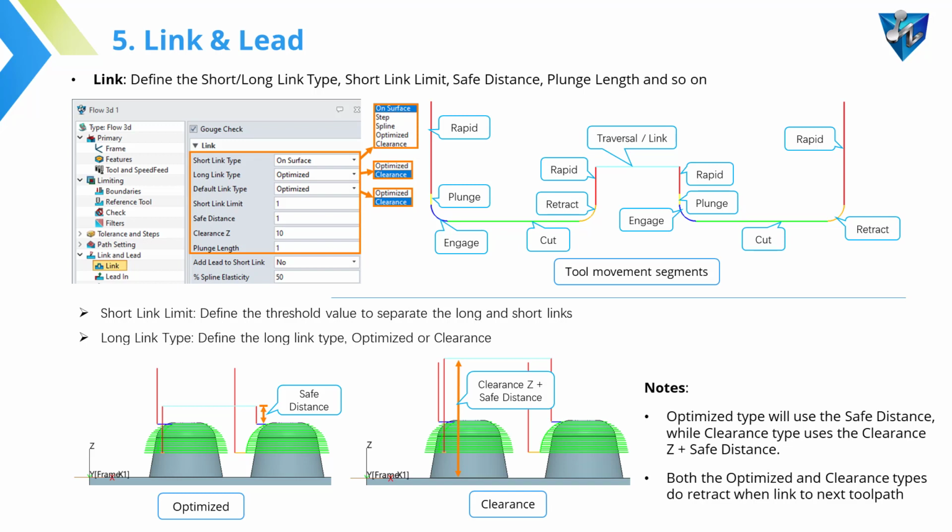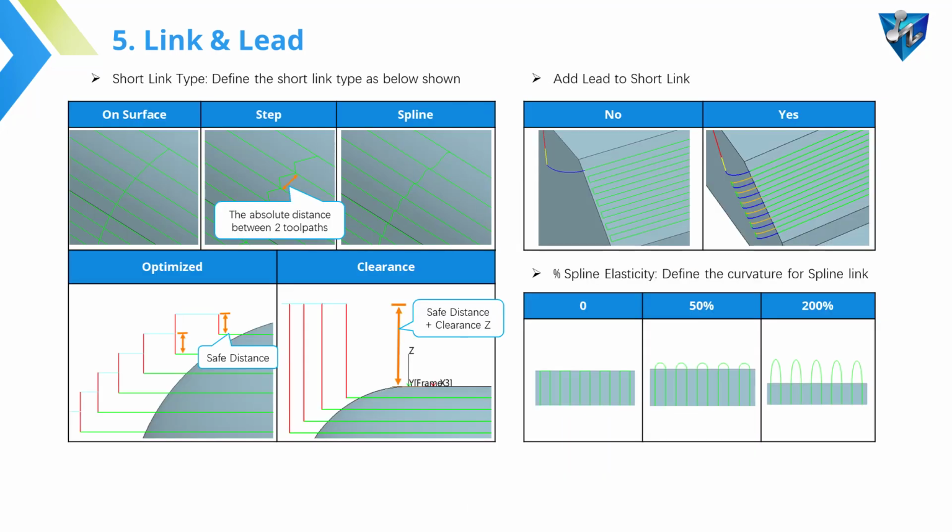And for the height of the link toolpath, optimized type will use the safe distance, while clearance type uses the clearance D plus safe distance. And the remaining three short link types, on surface, step, and SP line, you can check in this table.